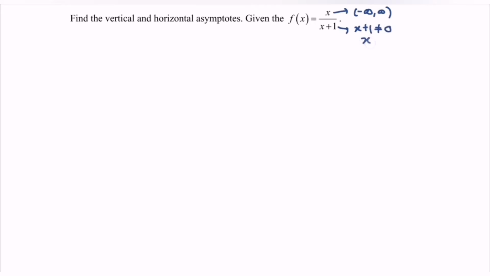So x cannot be equal to negative 1. So the domain would be negative infinity until negative 1 union negative 1 until infinity, where the negative 1 is not included. For this case, since this is a division, the operation would be intersection.